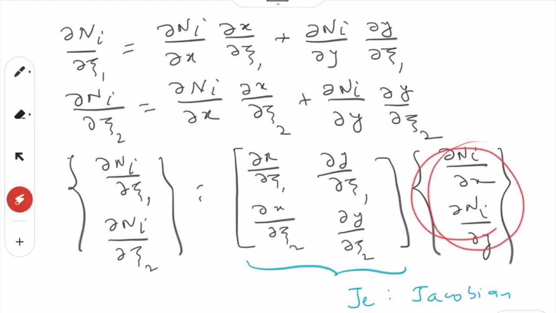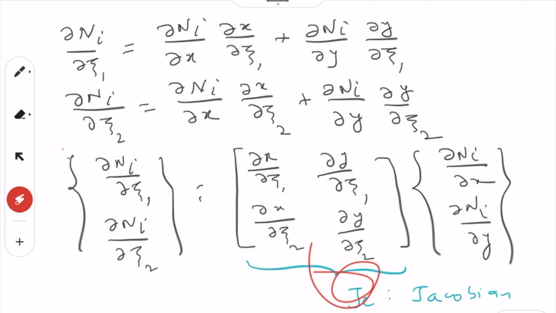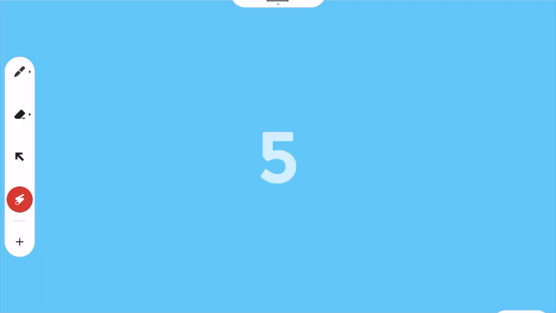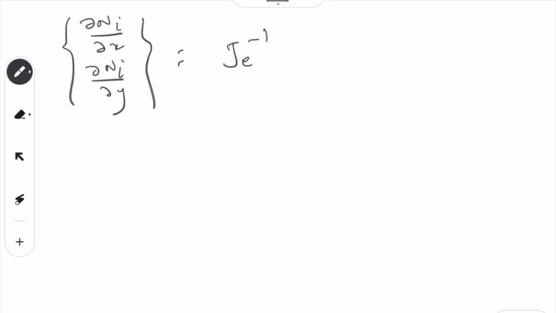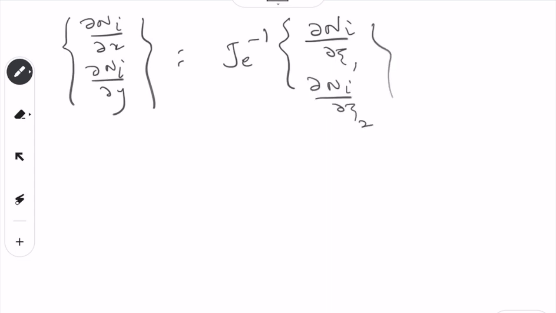We need del Ni over del x, del Ni over del y, and hence this will be the inverse of the Jacobian multiplied by del Ni over del xi1, del Ni over del xi2.